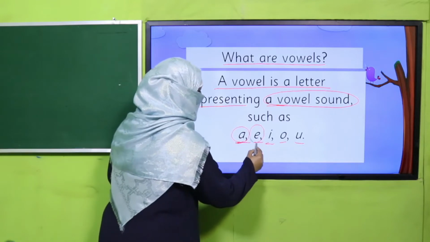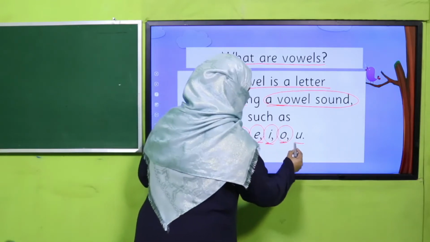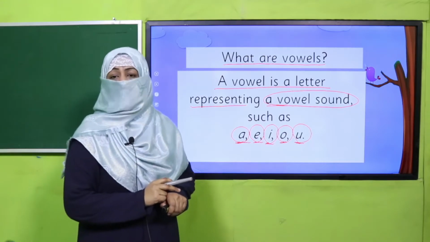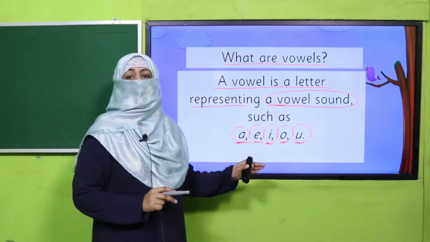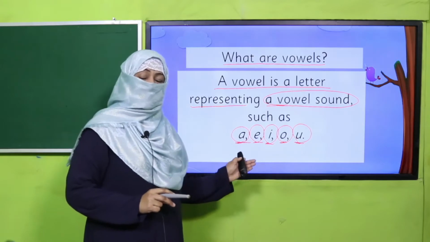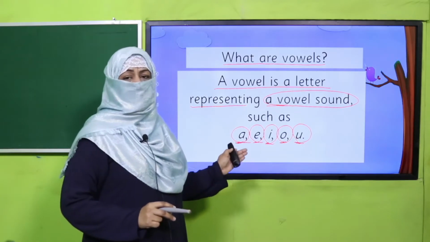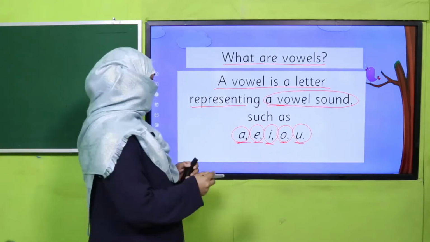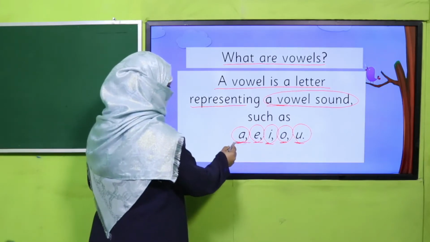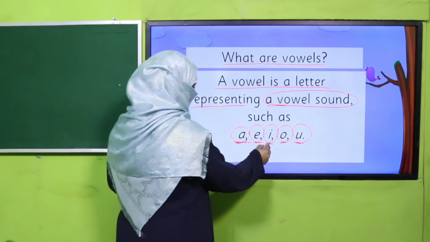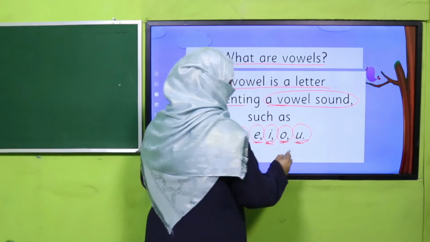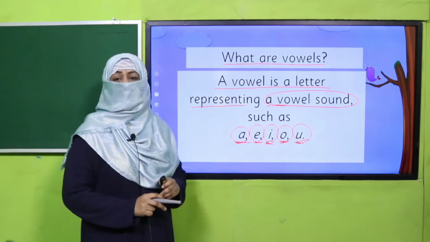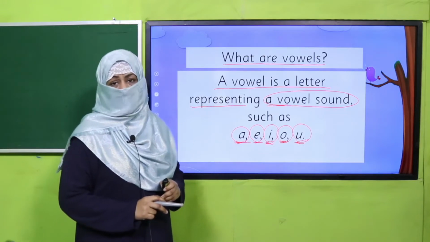These are the vowel letters, but basically whenever we say vowel, it's a sound, because sometimes a few vowels make a consonant sound and sometimes a few consonants are mute, and that's why, inshallah, we'll gradually keep on learning. So it's a, e, i, o, u. Whenever these sounds appear, we say it is a vowel sound.